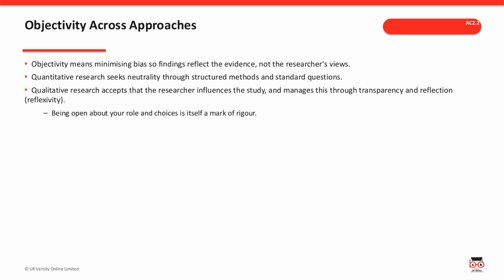Quantitative research chases neutrality through structured methods and standardized questions. Qualitative research takes a different line, accepting that the researcher inevitably shapes the study and managing that through transparency and reflection, what's called reflexivity. Being open about your own role and choices isn't a weakness here. It's actually a mark of rigor.